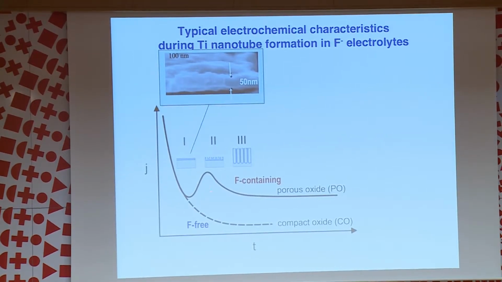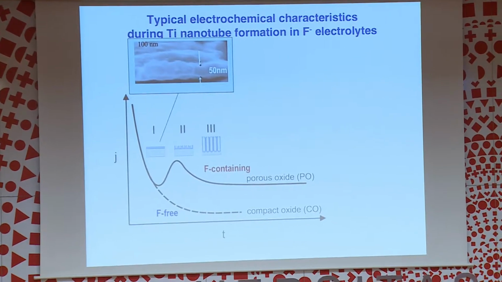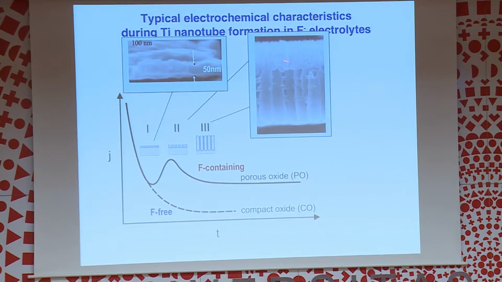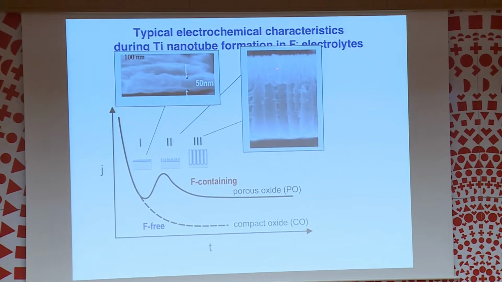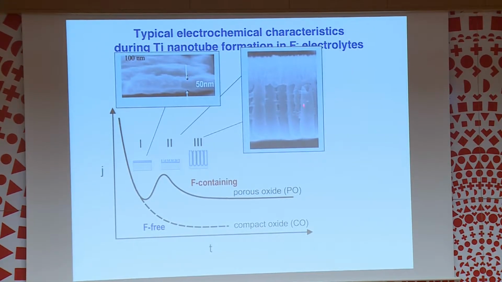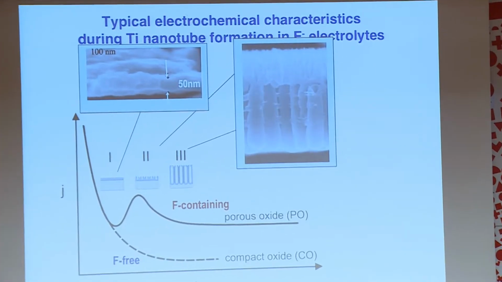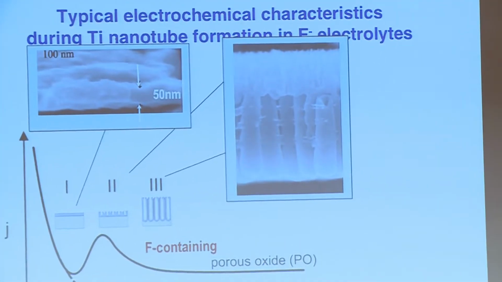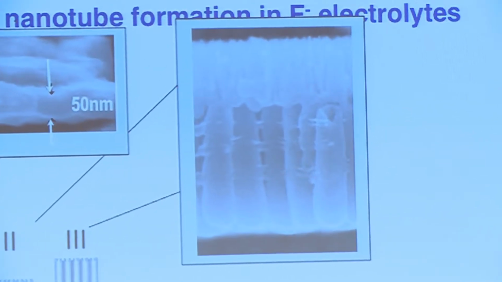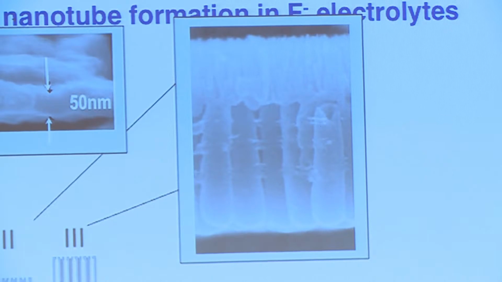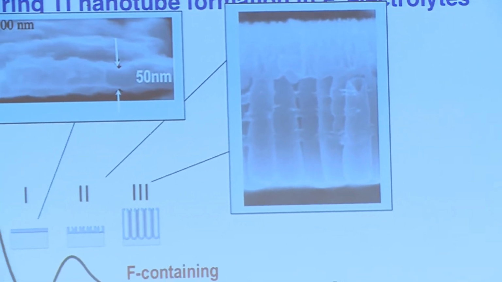In the fluoride-containing electrolyte, you then get a current increase, and at that moment you see that this top layer, this is this layer here, is getting permeated with little channels, and underneath you get the self-organized formation of these nanotube structures. And then with time, these tubes grow longer and longer into the substrate.